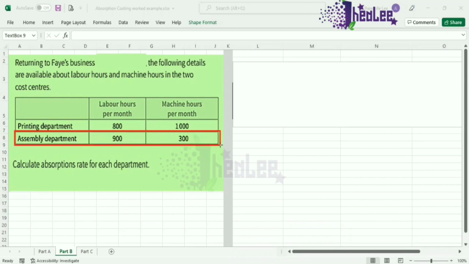Now, the dominant factor based on comparison is labor hours. Why? Because they spend more time in total on labor hours when compared to machine hours. So the dominant factor that we're going to use in our calculation for the absorption rate for the assembly department is labor hours.